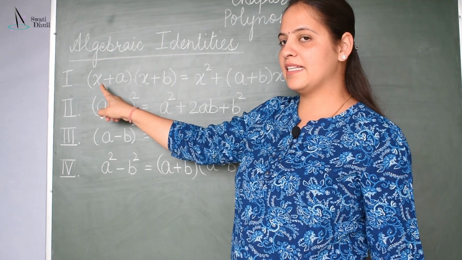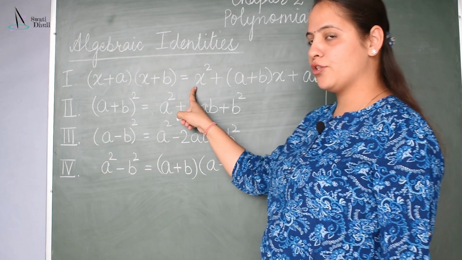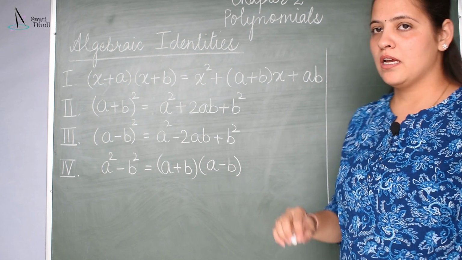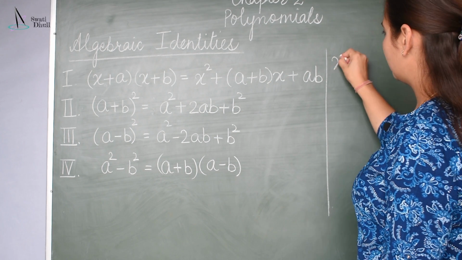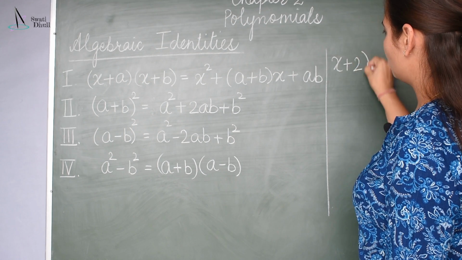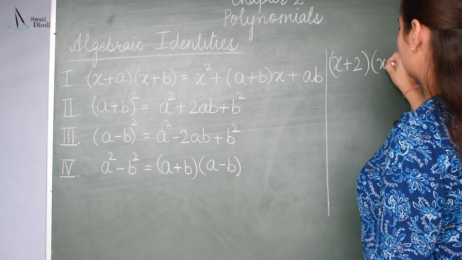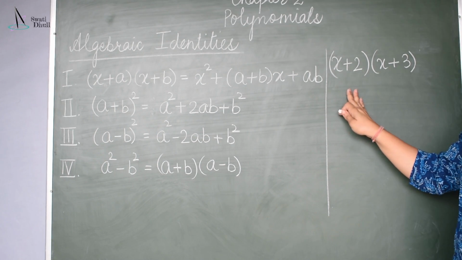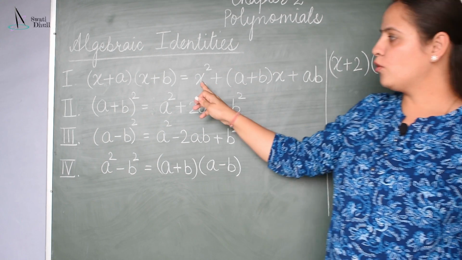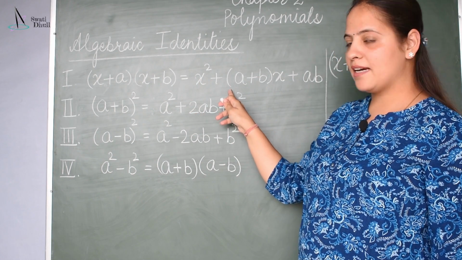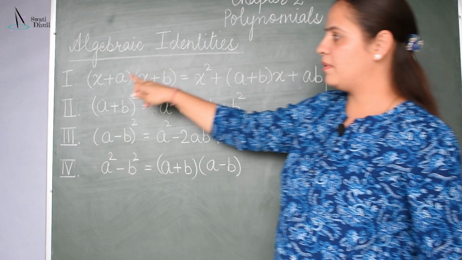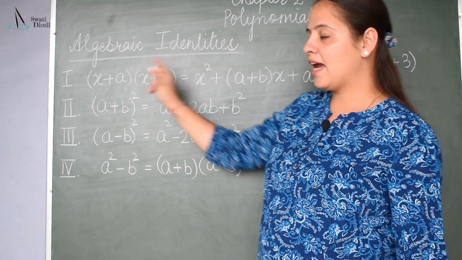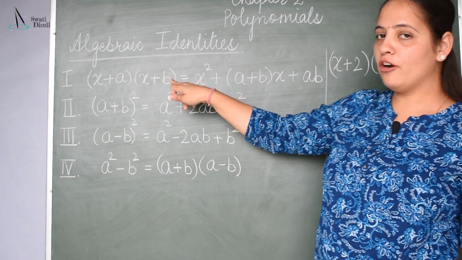Your first identity is (x + a)(x + b) = x² + (a + b)x + ab. Let's say you are given (x + 2)(x + 3) and you need to expand it. You can use this identity because you have x in place of x, 2 in place of a and 3 in place of b.